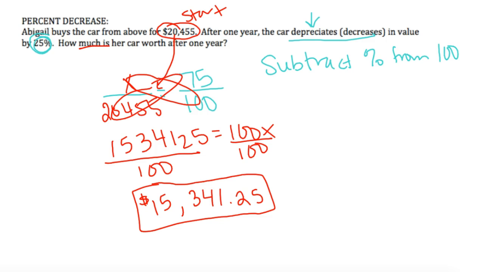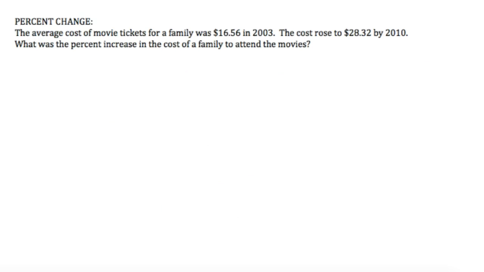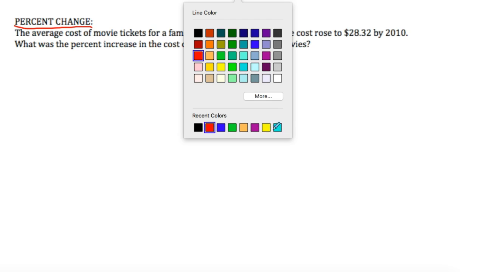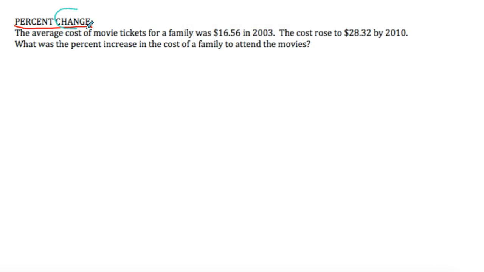Okay, so now that we've done percent increase and percent decrease, those are examples where we were given the percentage. Sometimes we'll be asked to find the percentage, okay? And so it's not that it's different, but we do have to do a little bit more ahead of time. So when we're looking for percent change, the big thing is we have to actually calculate the change first, okay?